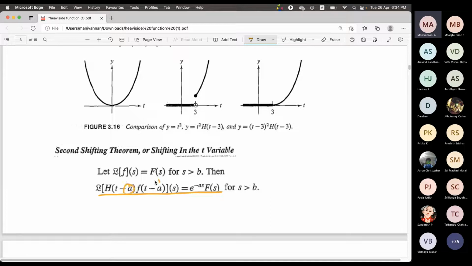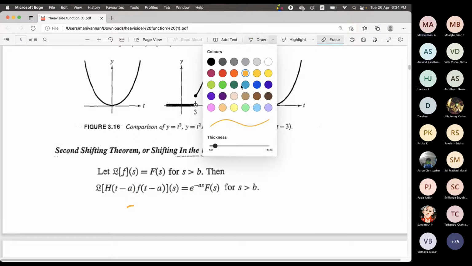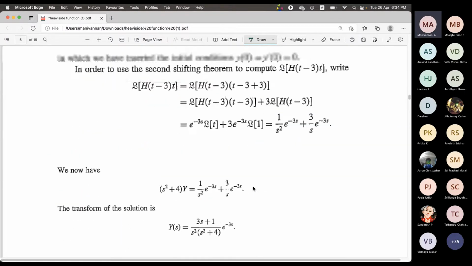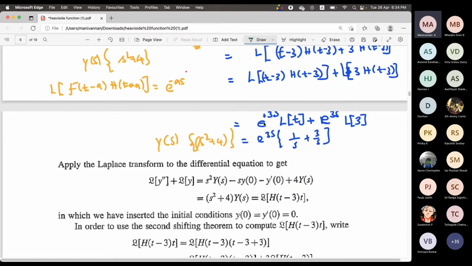Here it is minus a only. If it were plus a, then it would be plus. So it is minus a. Using this result, it is e raised to the power minus 3s only.